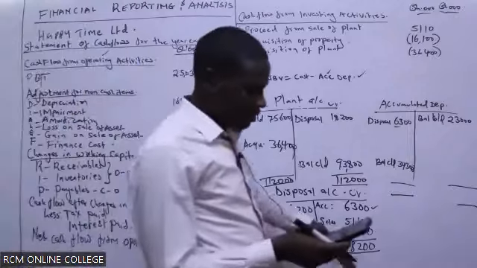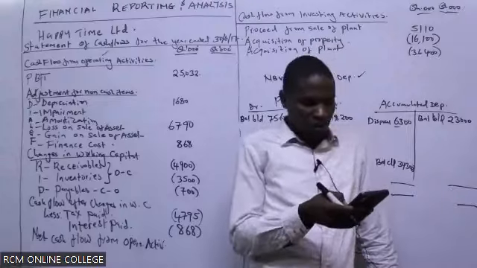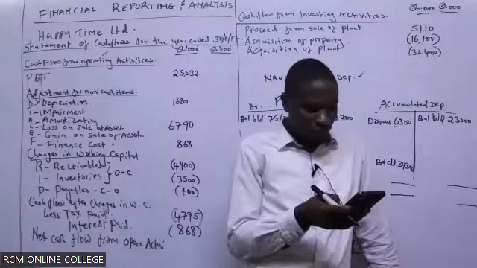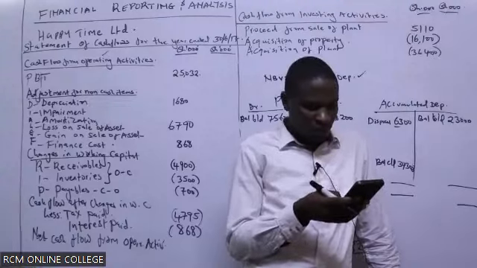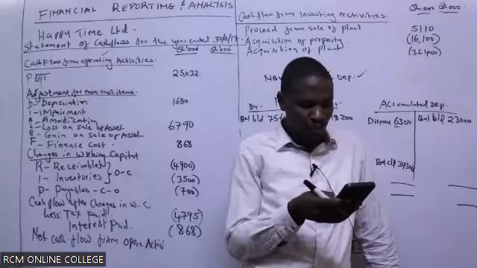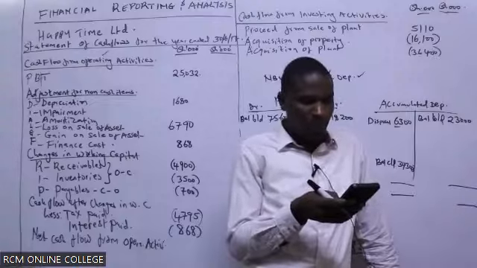Any other item that will affect our accumulated depreciation in this case? I don't see any other item. All right. I don't think so. So when you balance our accumulated depreciation, how much do you get?